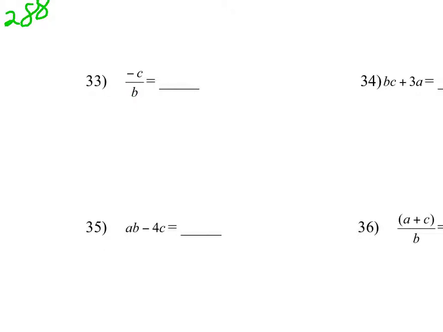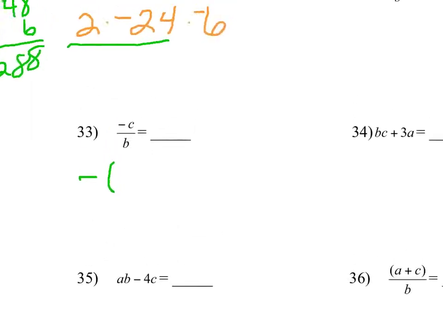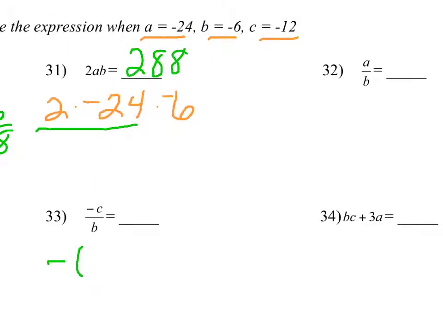So let's replace. Negative, parentheses, C was, let's go back up and take a look at C again. See how C is a negative 12? So we plug in negative 12 for C. And then our B value was negative 6.